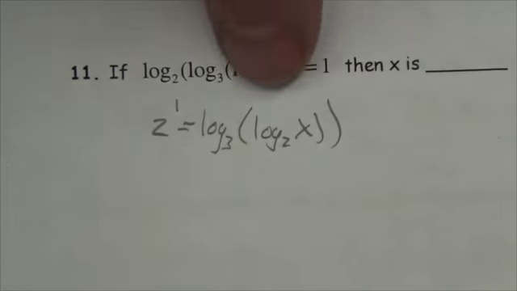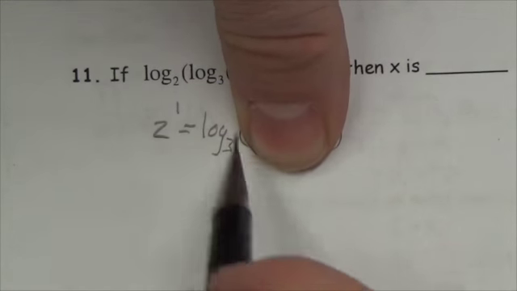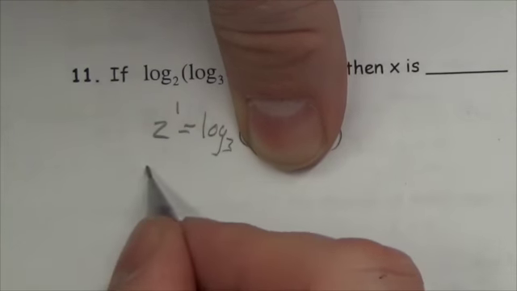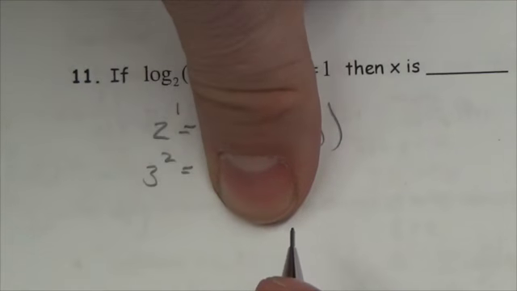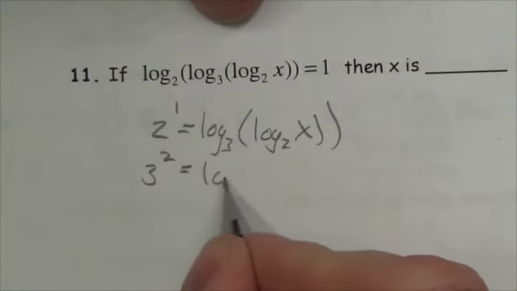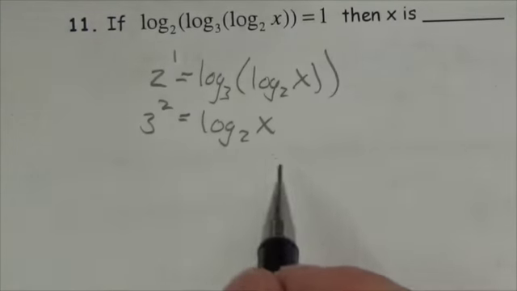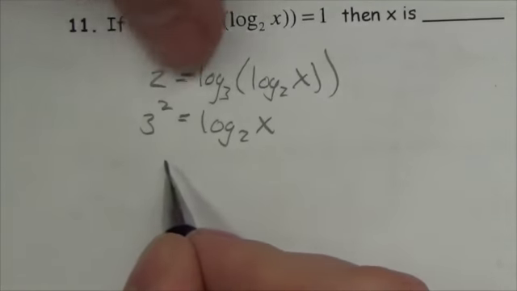Now I'm going to do this again. Log base 3 of my thumb is equal to 2 to the 1. Now I'm going to convert this to the exponential form. So 3 to the 2, 3 squared, is going to equal what I'm taking the log of, my thumb. And my thumb was covering the log base 2 of x. Well, now before I convert this to exponential form again, just 3 squared is 9.